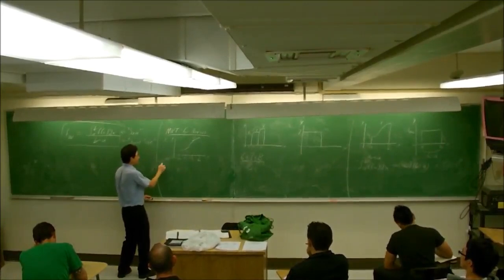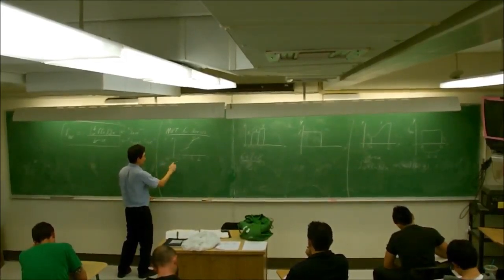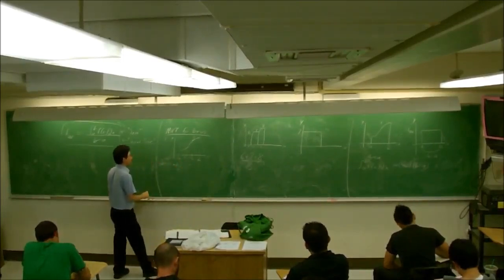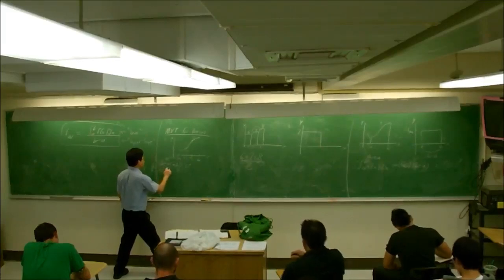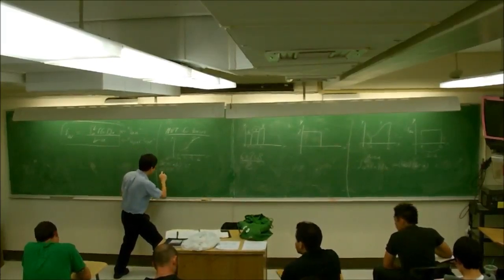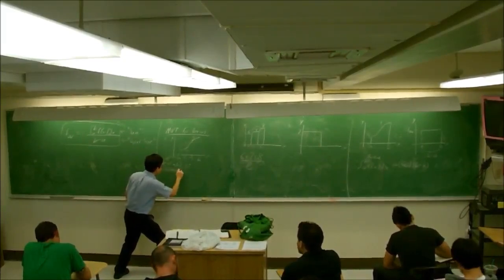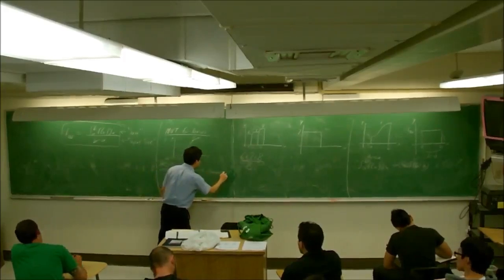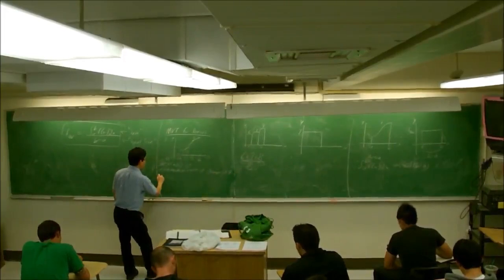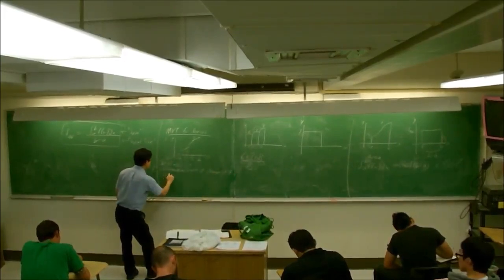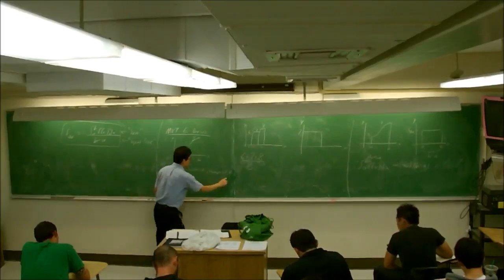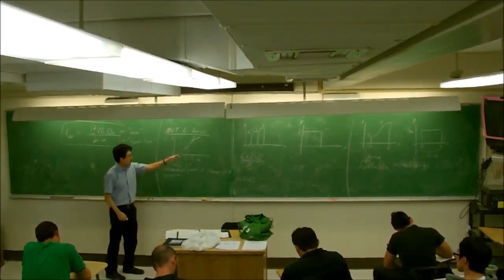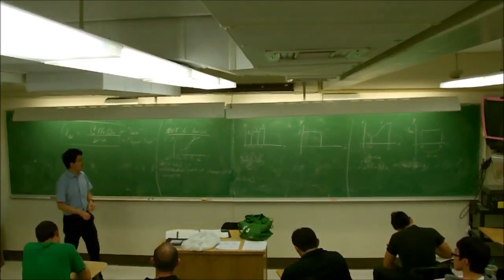It said that there existed a c value in the open interval such that the instantaneous rate of change of f equals the average rate of change of f on the interval. There's at least one place in here where the instantaneous rate of change equals the average rate of change.